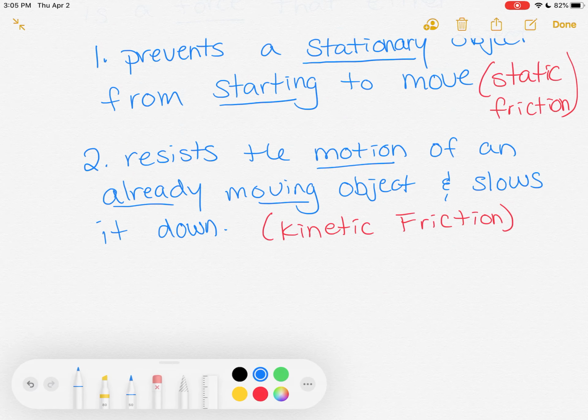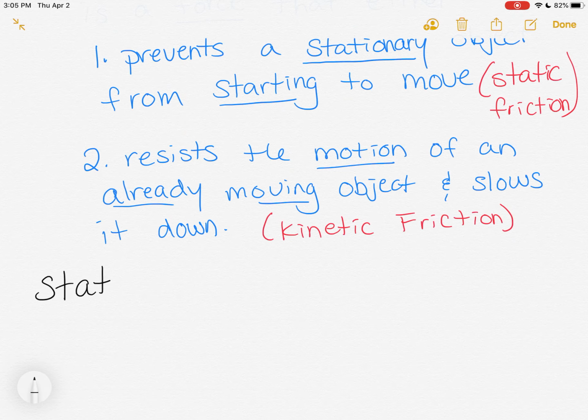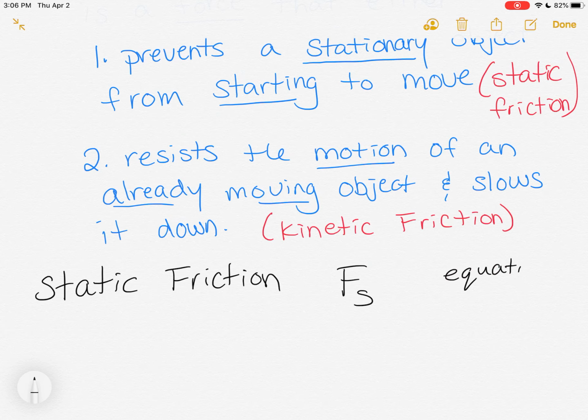So if we start with static friction, static friction is brought to us by Fs. There is an equation to calculate static friction, and it looks like this: Fs is equal to mu s times Fn.